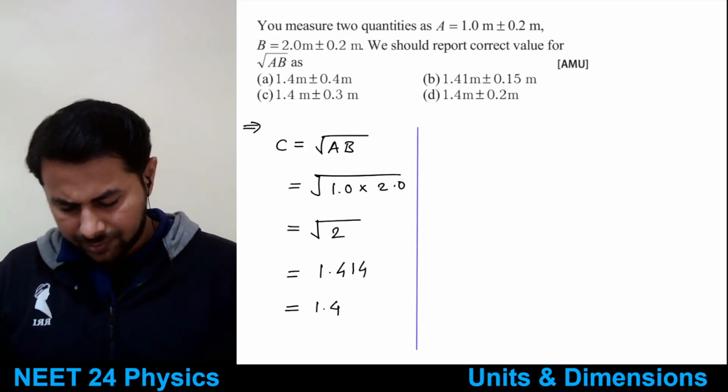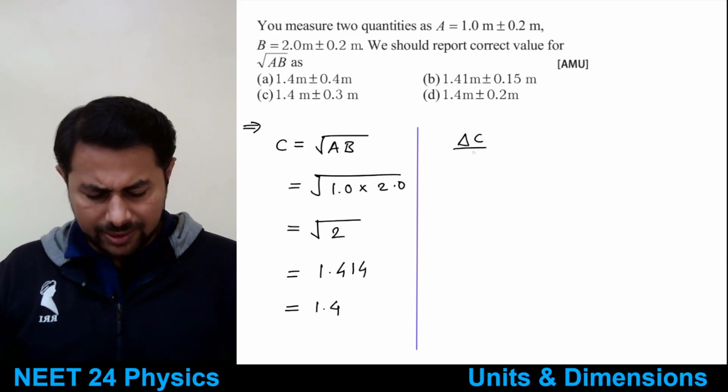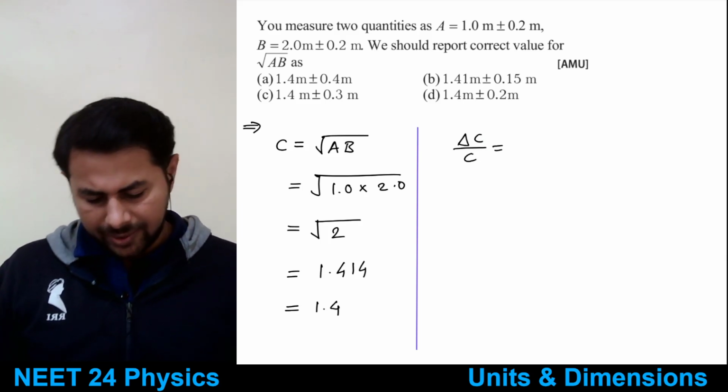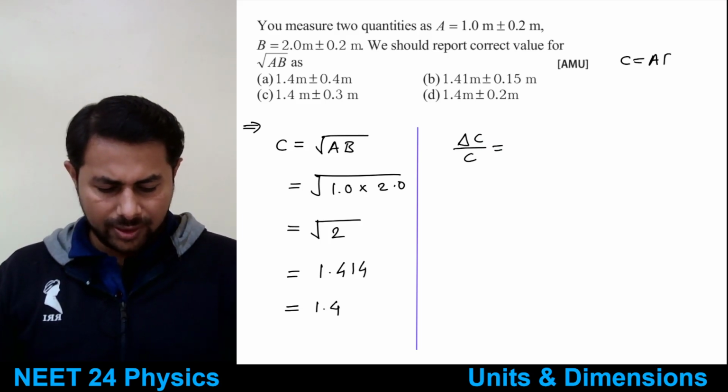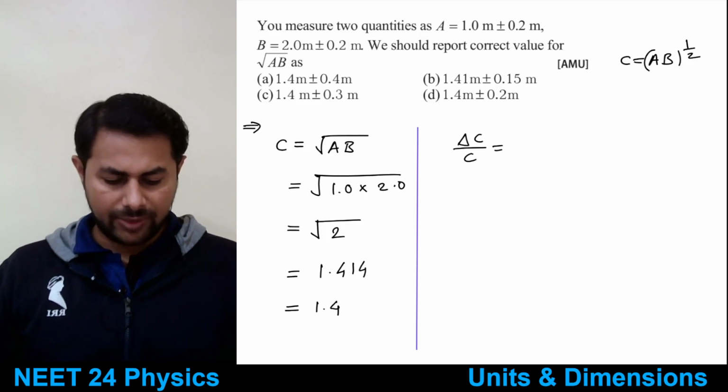And then you have delta C by C, because you are multiplying. Okay, this is equal to, C is equal to what? It's AB raised to half, square root, right?